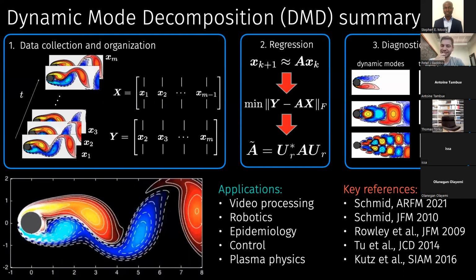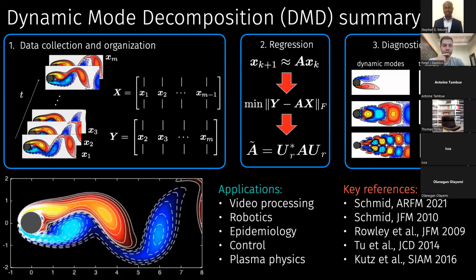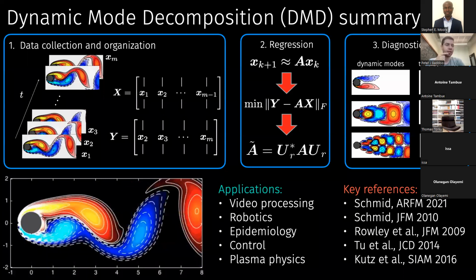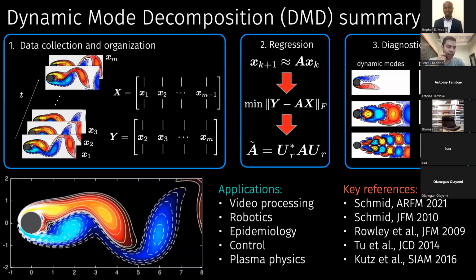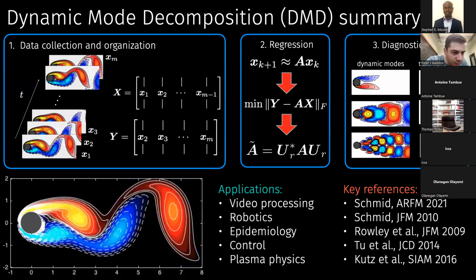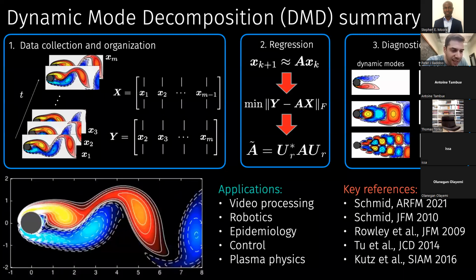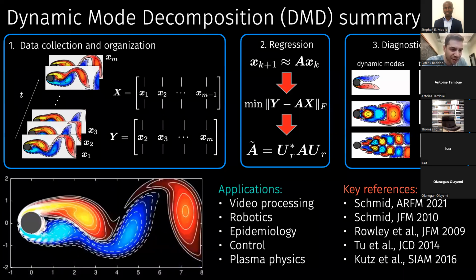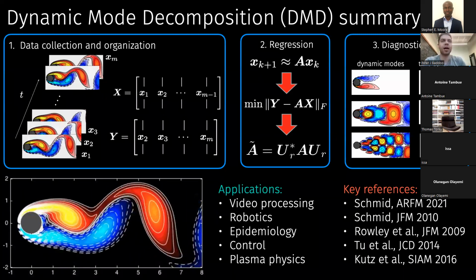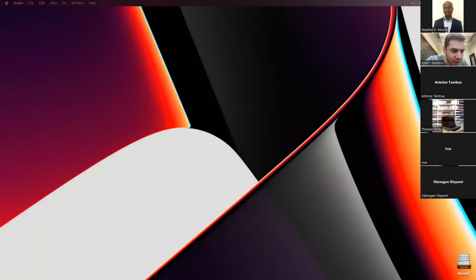Okay. Want to know what's the difference between this approach and the SINDy approach? Yeah, great question. So Thomas is asking about a method of sparse identification of nonlinear dynamics.